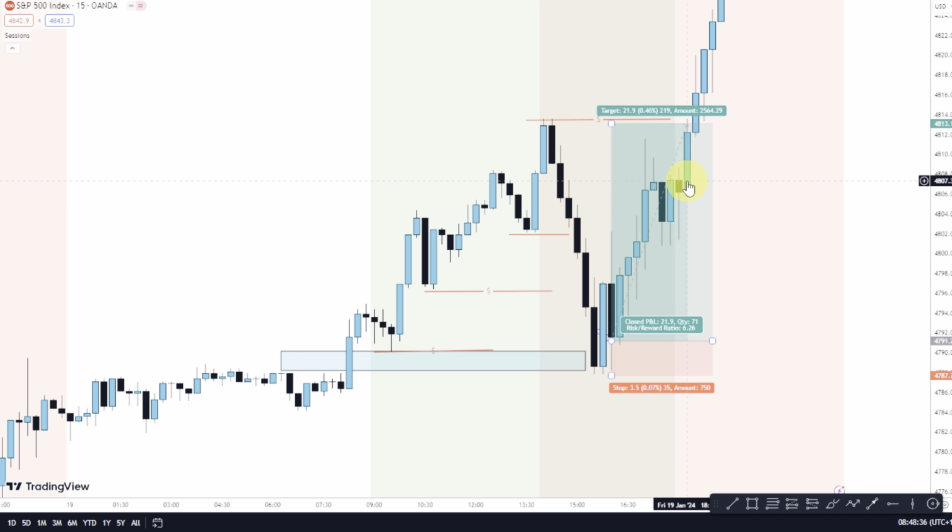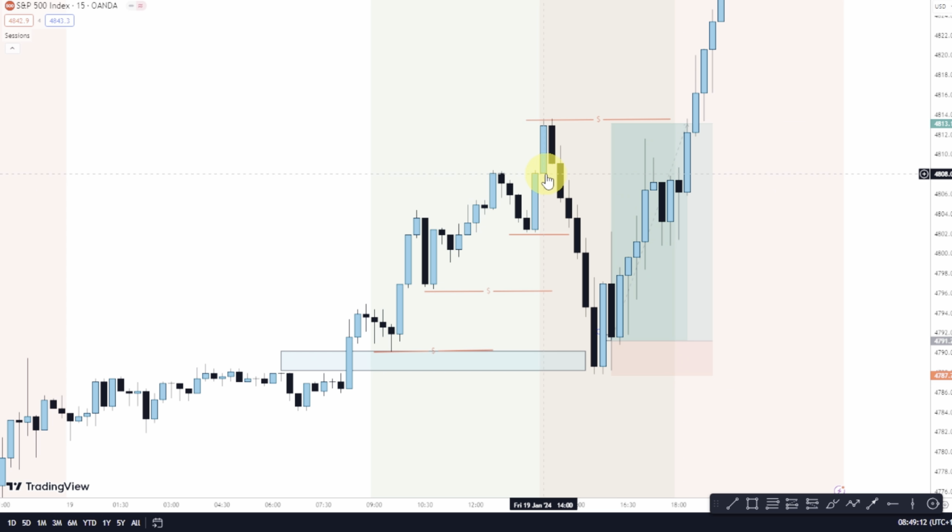When using this model, this concept, you need to pay attention to the opening of the New York stock market. You need to see price take out liquidity with a high momentum sweep, not a low momentum sweep. As soon as price got into the New York session, you can see price was driving down with high momentum and no opposite side candle.